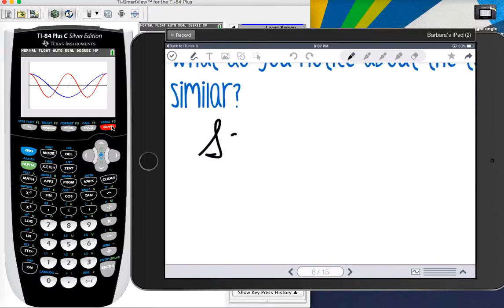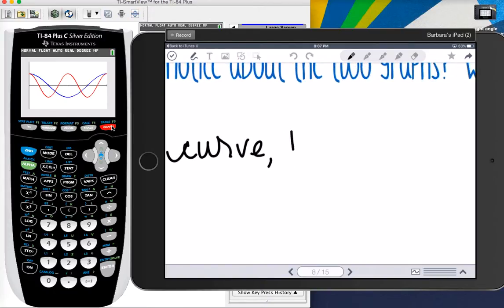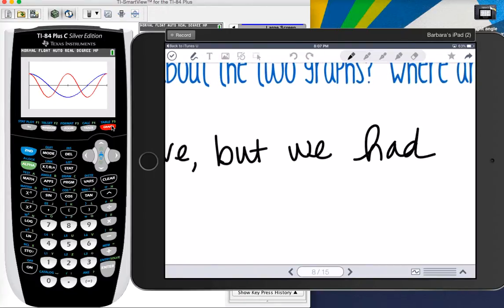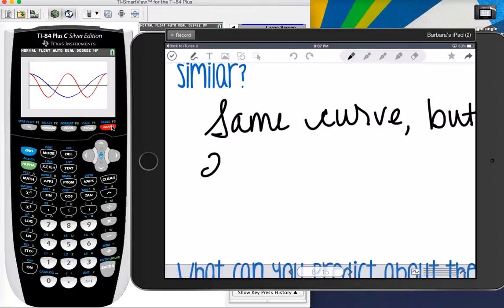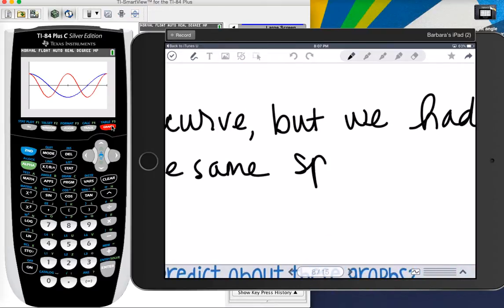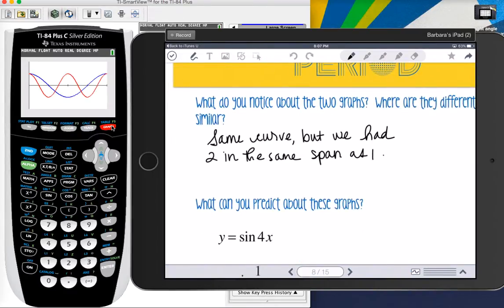So this one is the same curve, but we had two in the same span as one. So what I mean when I say that same curve, but we had two in the same span as one. Notice that we were able to do two full rotations in the same span as for the original function, we were just able to do one.